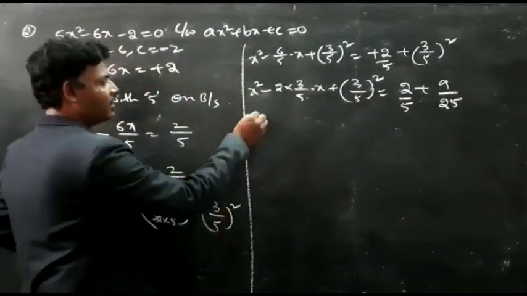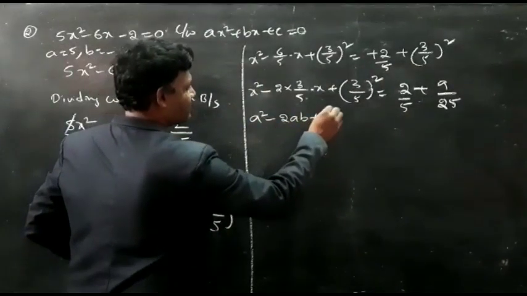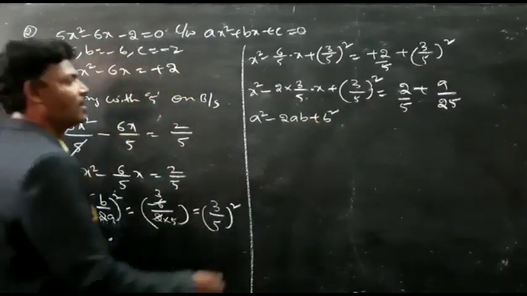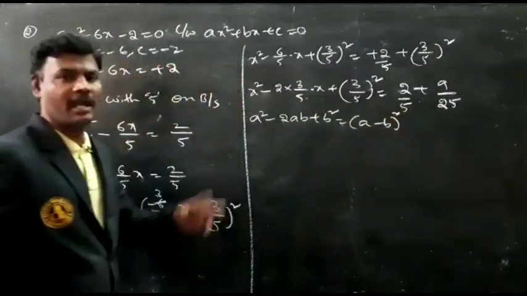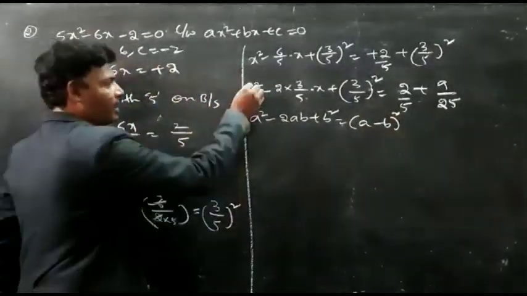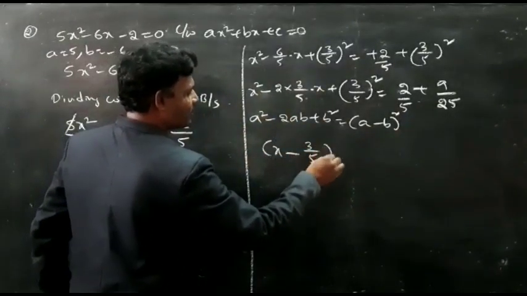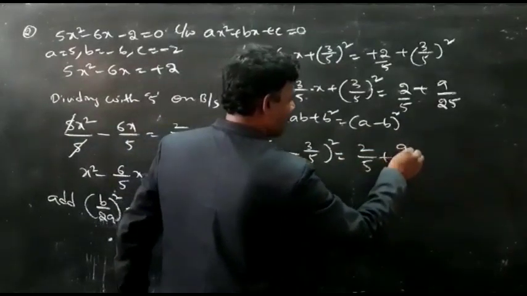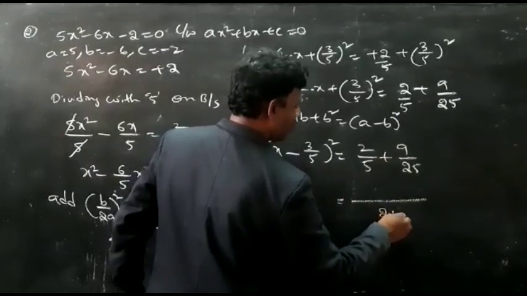Then after, see here, in the form of a square minus 2ab plus b square, we can write it as a minus b whole square. A is nothing but x, b is nothing but 3 by 5, so x minus 3 by 5 whole square is equal to 2 by 5 plus 9 by 25. Here what is the LCM? 25 is the LCM.